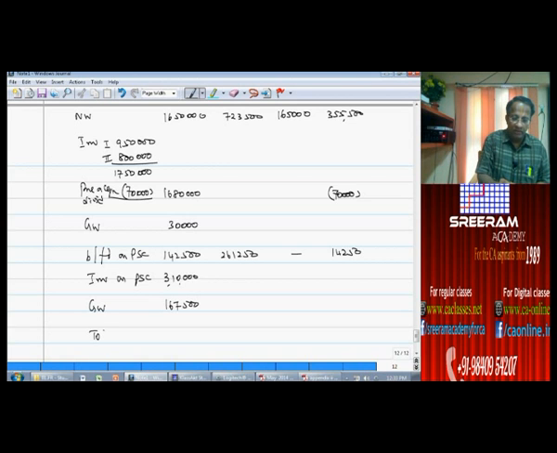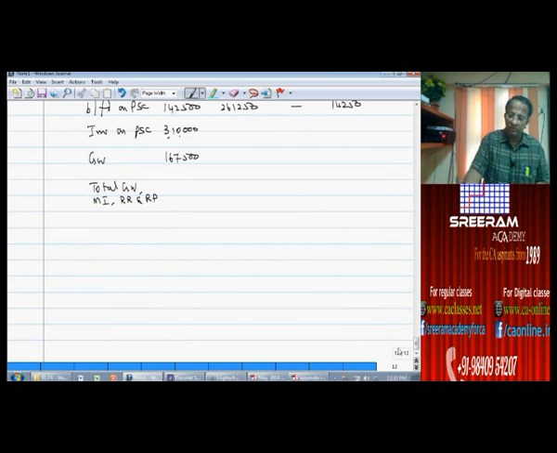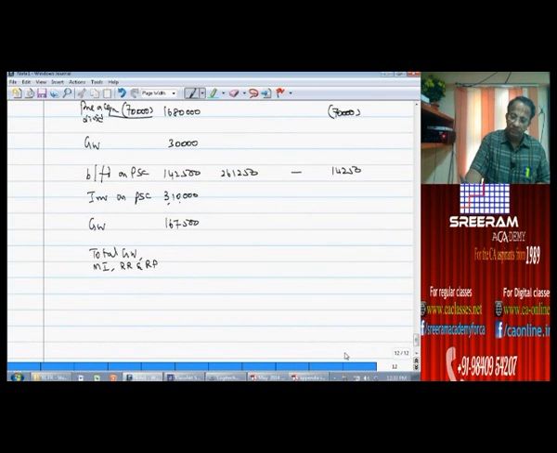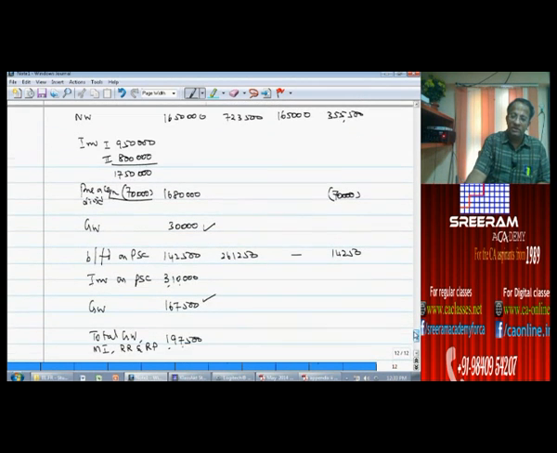So total goodwill, minority interest and RR and RP as of now. You have to take up 30,000 and 167,500, 197,500. Minority interest. These two numbers we got to pick up.